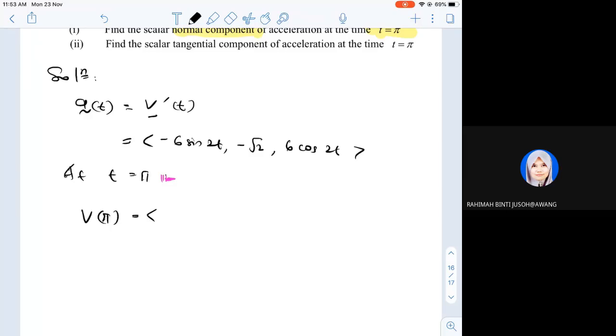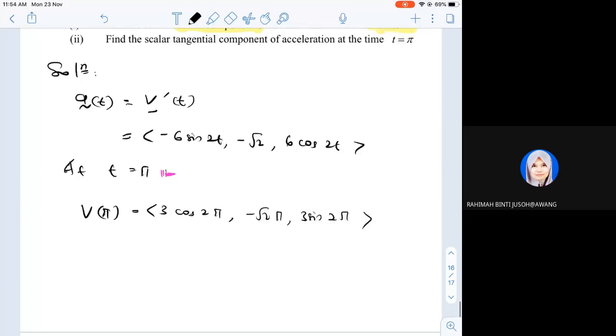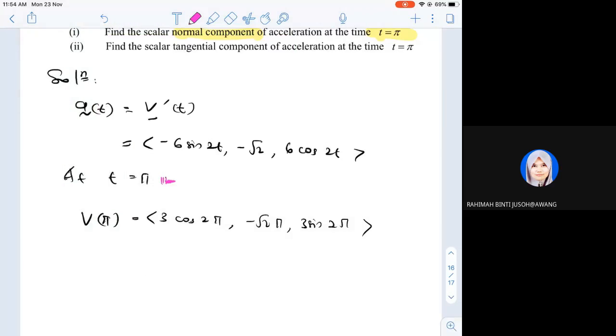So we will have 3 cos 2 times pi, negative square root 2 pi, 3 sin 2 times pi. Okay, so cos 2 pi is 1, this one sin 2 pi is 0, right? So we will have V pi is equivalent to 3, negative square root 2 pi, and then 0.